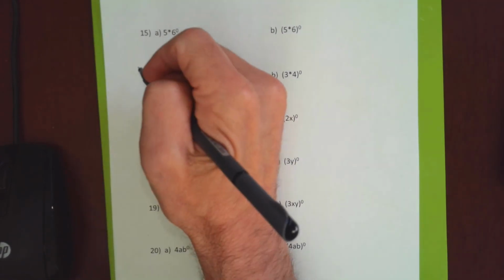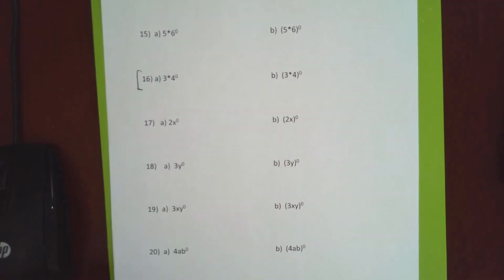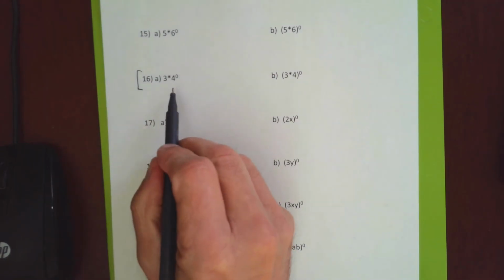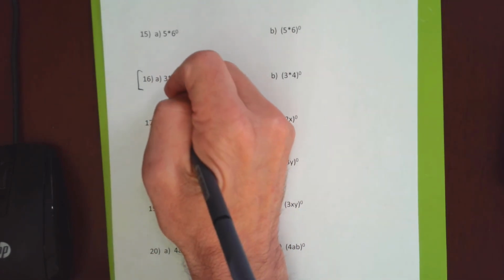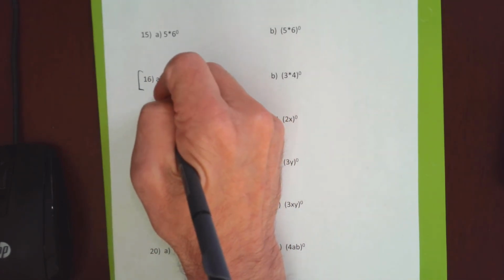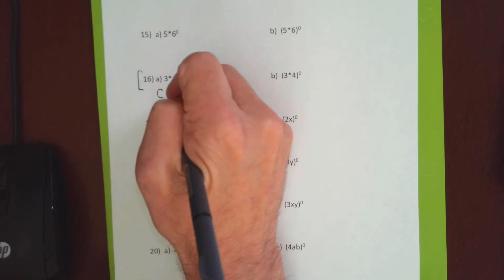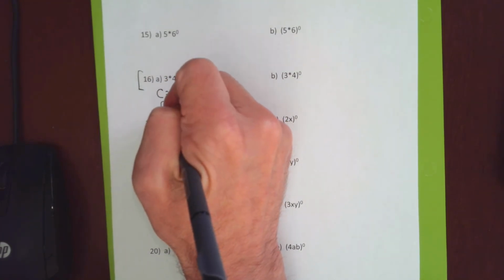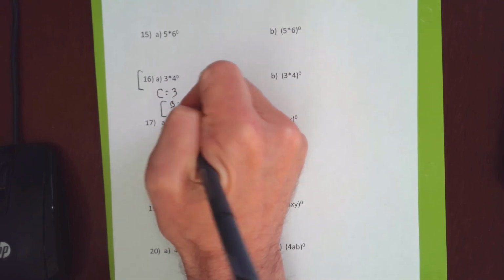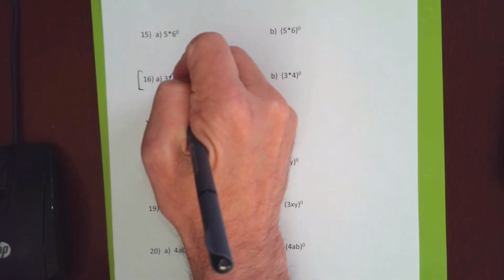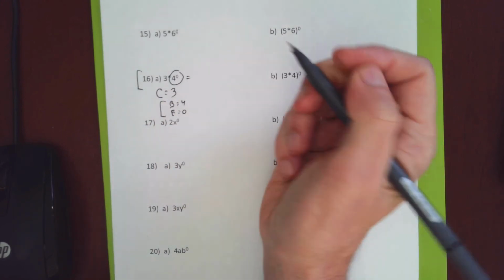I'll do the 16s. On 16a, it's not a single positive number with a 0 exponent. This piece right here, the 3 is the coefficient, and the base exponent part is a positive number with a 0 exponent.